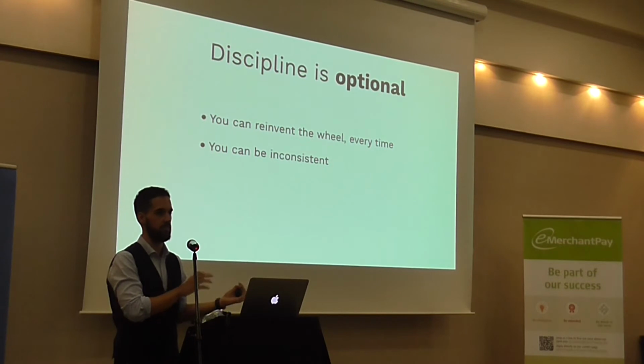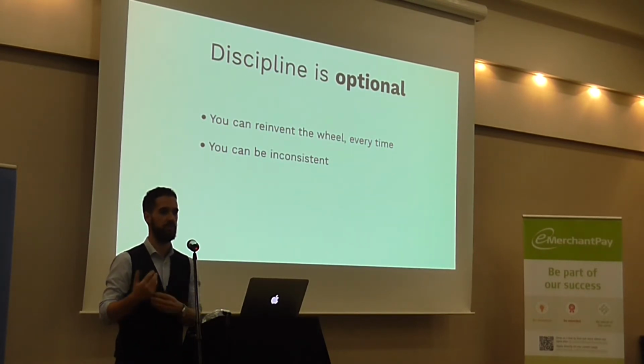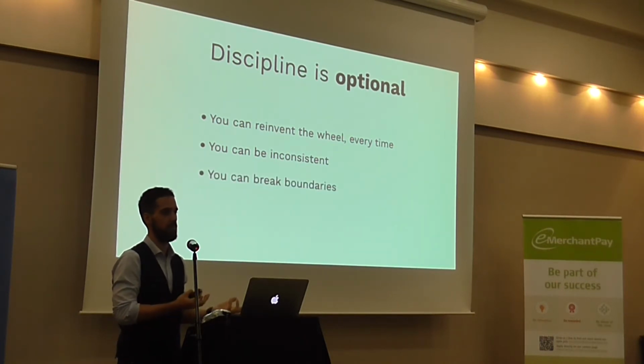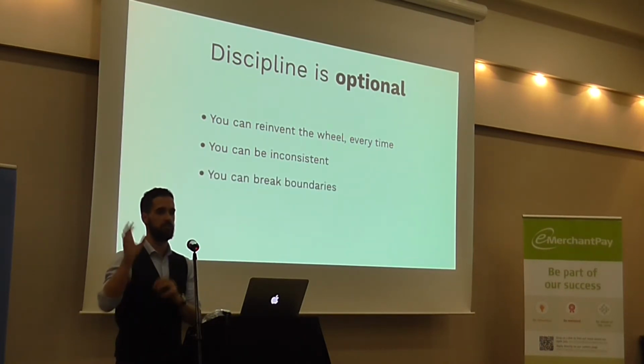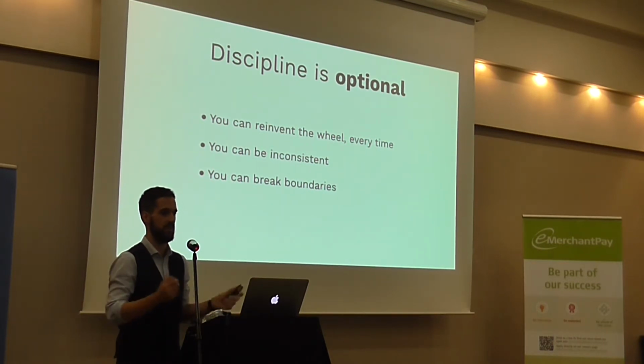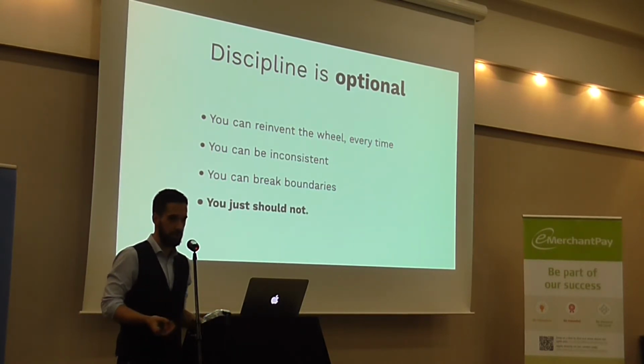Every time you deploy a new solution, you can try new stuff, new flows, new ways. You can break boundaries, mix responsibilities, have objects that do a bunch of stuff, have God classes. That's something you can do, that we've all seen at some point. We just know we should not do them.